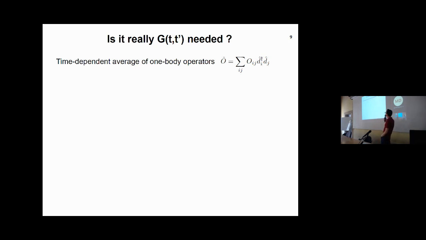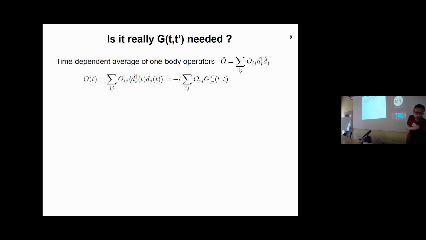So the first observation is that the knowledge of the Green's function at different times is really not needed, because if we want to calculate the time-dependent average of any one-body observable, we only need, as Gianluca explained very well yesterday, the lesser Green's function at equal times, G lesser t t, and the trace with the observable that we want to evaluate.